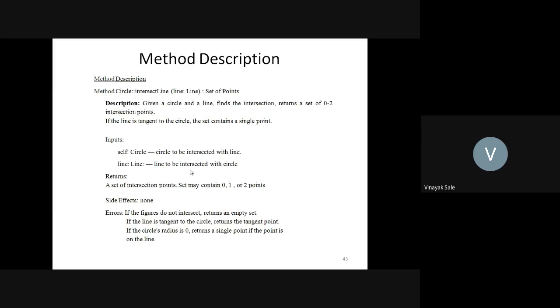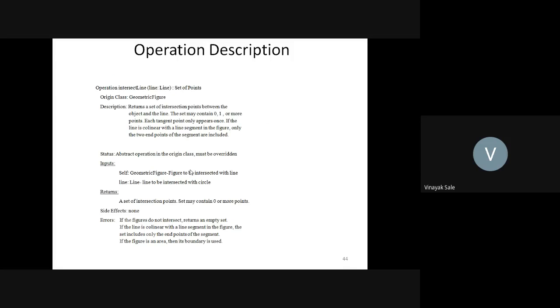Then which operations have we done? That is the operations description. First operation, intersect a line and set of points. The origin class is geometric figure, and the description of that class is: returns a set of intersection points between the object and the line.